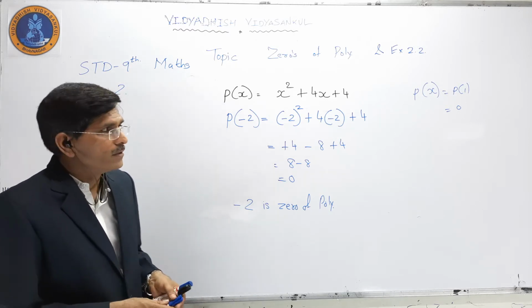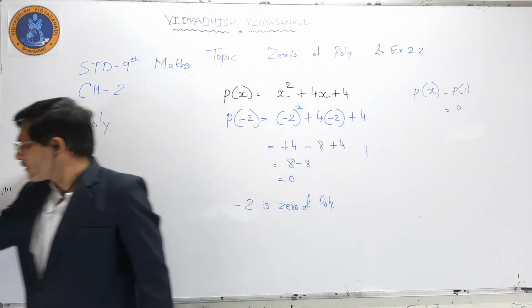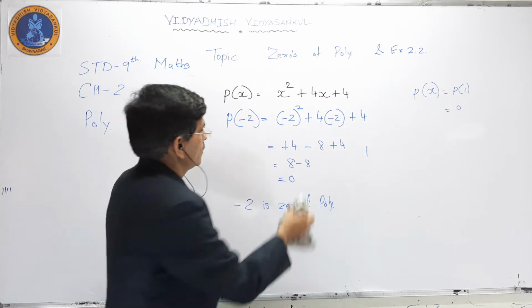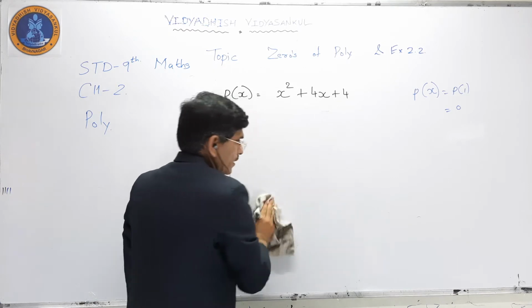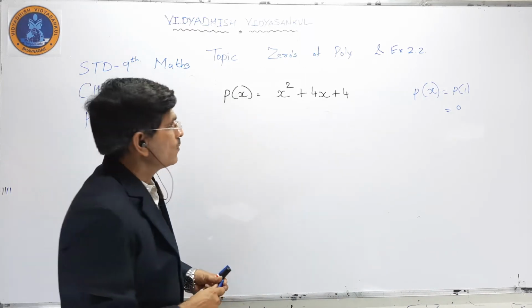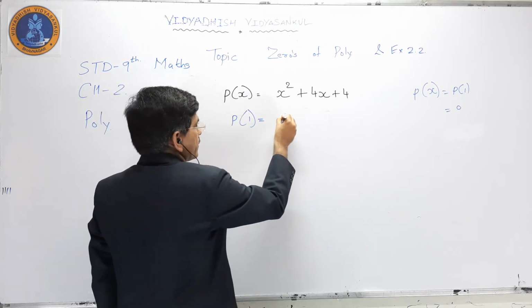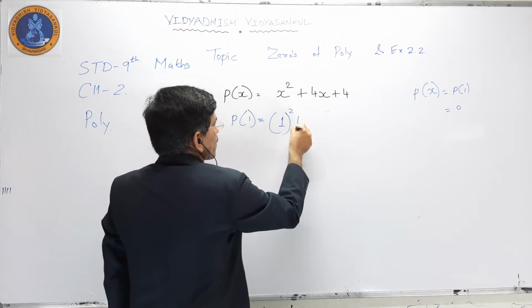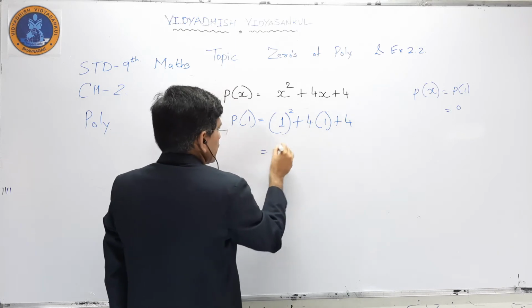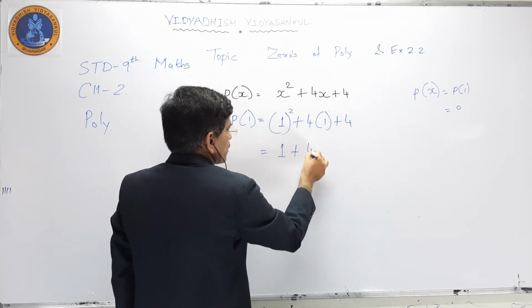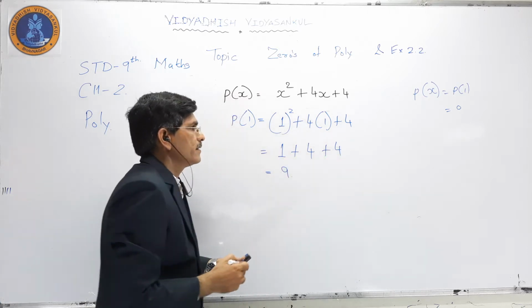So to find the value, if I put p of 1, that is 1 square plus 4 into 1 plus 4, that is 1 plus 4 plus 4, the answer is 9.